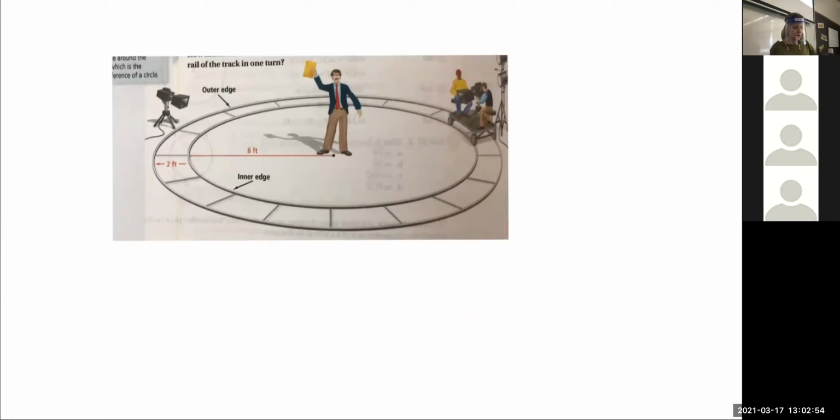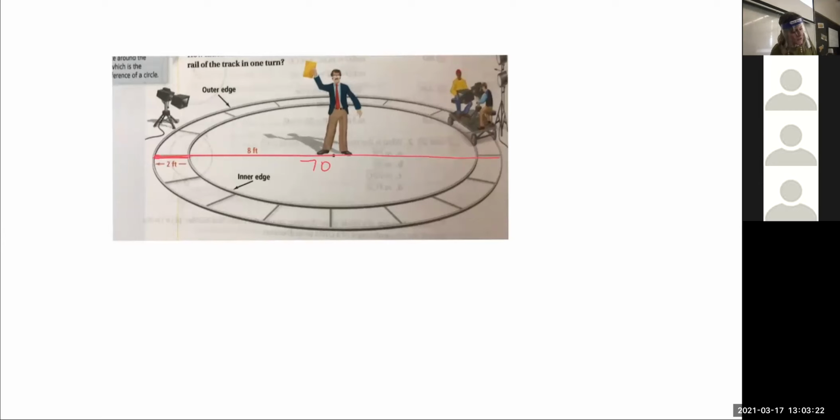Okay, so this says the camera dolly track in problem 3 can be expanded so the diameter of the outer circle is 70. Okay, diameter. That means this whole distance across is 70. How much farther will a wheel on the outer rail travel during one turn around the track than a wheel on the inner rail?